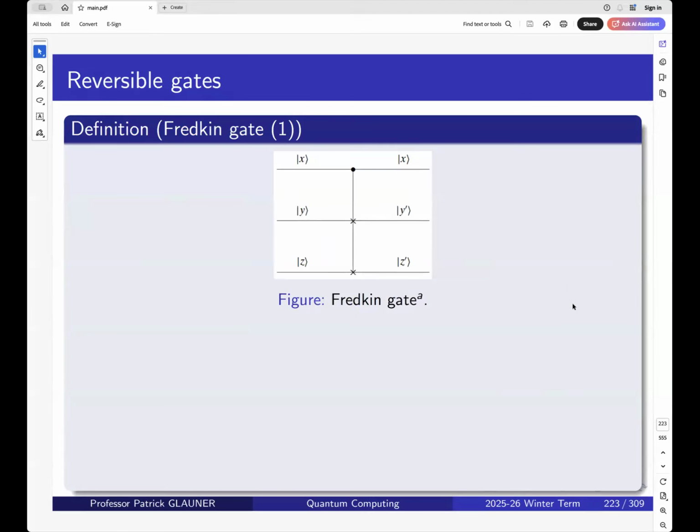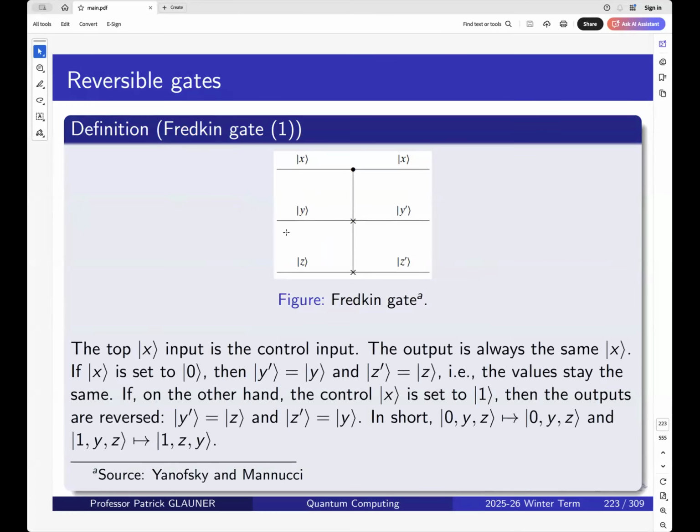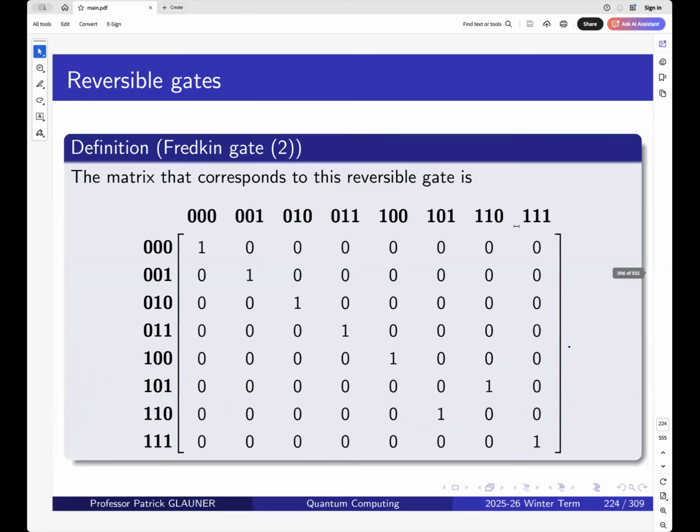As there is a Toffoli gate, there is another gate described in the literature, which is also universal. It's a Fredkin gate, and it works differently to the Toffoli gate, but it's also universal, and you have your X, Y, and Z, and make some changes there.